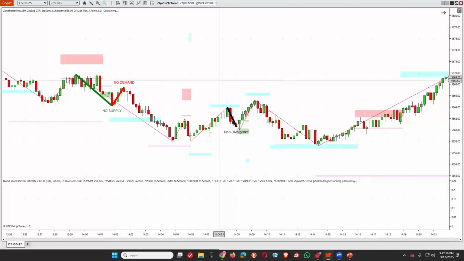My advice is, what I basically say is this: my system isn't made to catch every zig and every zag that the market presents itself.